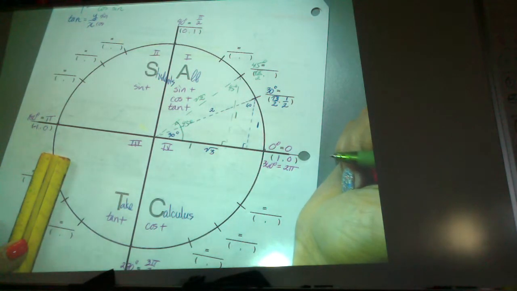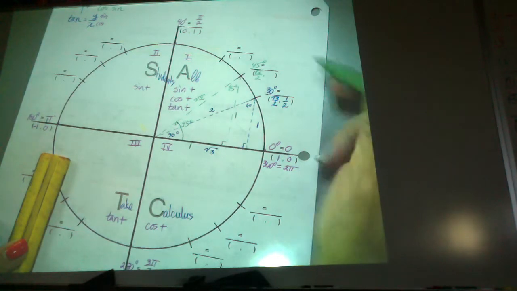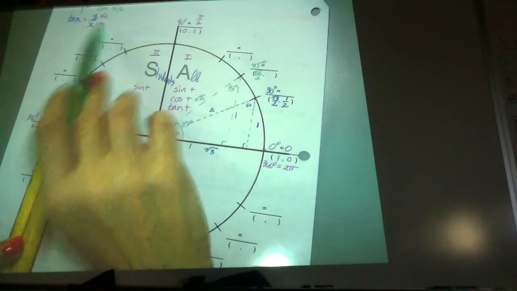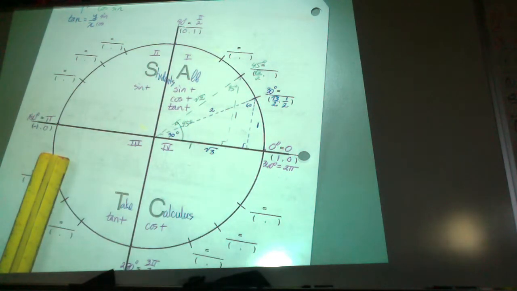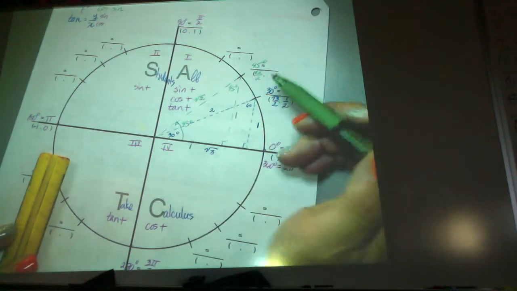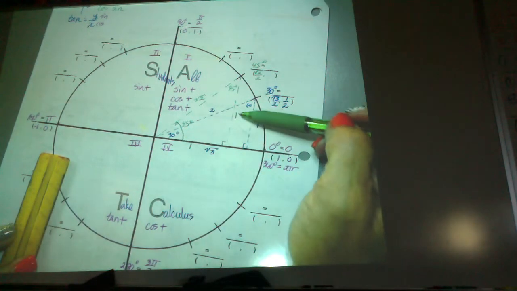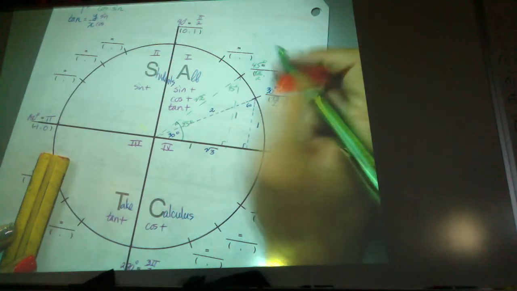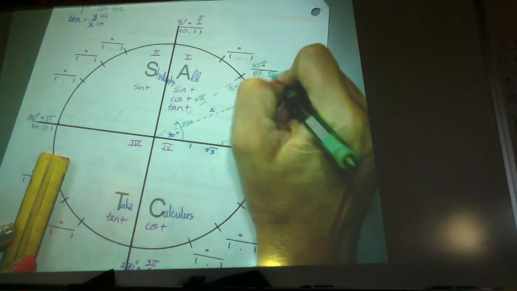Why did I do cosine first? Because cosine always goes first, alphabetically. I know we're used to doing sine first, but alphabetically cosine comes before sine. And then sine, isn't it opposite over hypotenuse? So it's the same thing. 1 over rad 2, which rationalizes exactly the same, rad 2 over 2.